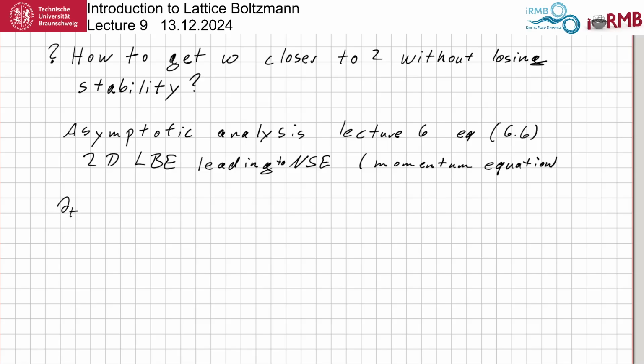And this momentum equation looked like this. We have a time derivative of m10, so we are now in 2 dimensions, to the first order plus dx m20 to the second order plus dy m11 to the second order minus omega 10, this is the forcing term, to the third order.